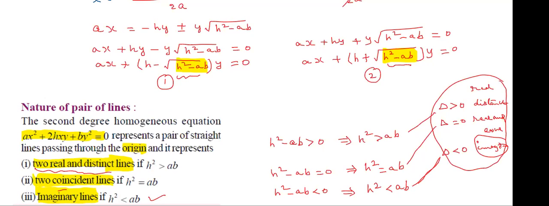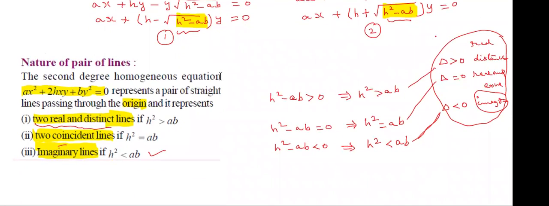So by comparing these two, h square greater than ab means the nature of the pair of lines is two real and distinct lines. H square is equal to ab means two coincident lines. H square is less than ab means imaginary lines. I think all of you understood now.